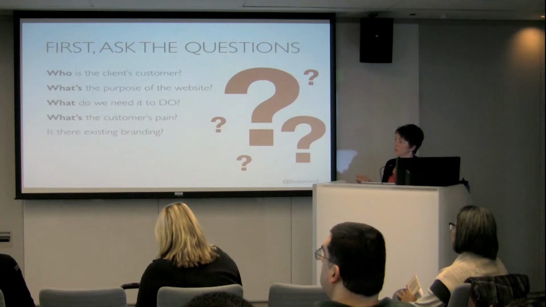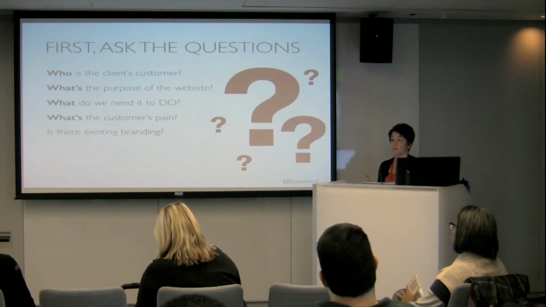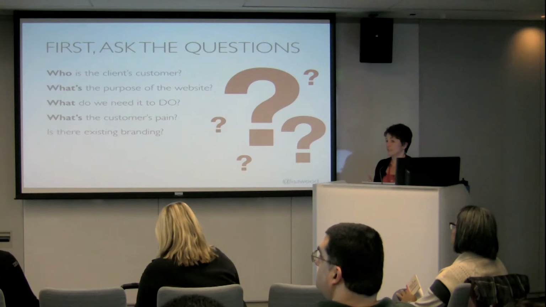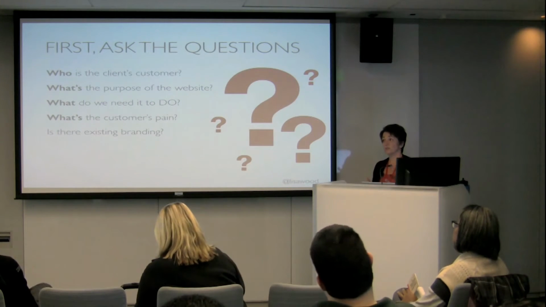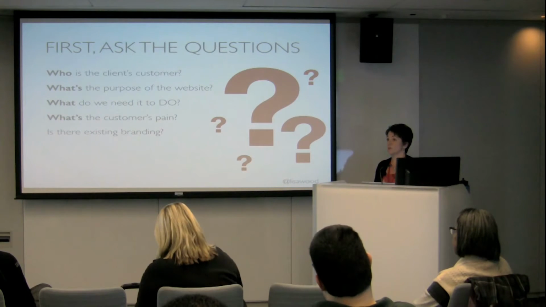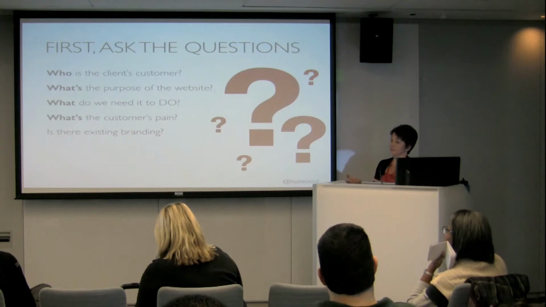What are they looking for? Is there existing branding that we need to work into our design? So the customer might have, and I see this a lot, a logo that's 10 years old and could use some refreshing, but they've used it on everything. They really want to stay with it. So how can we use their existing branding and still make something that's attractive even if the logo isn't?